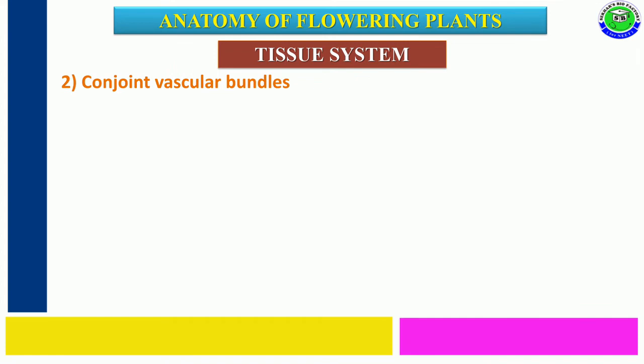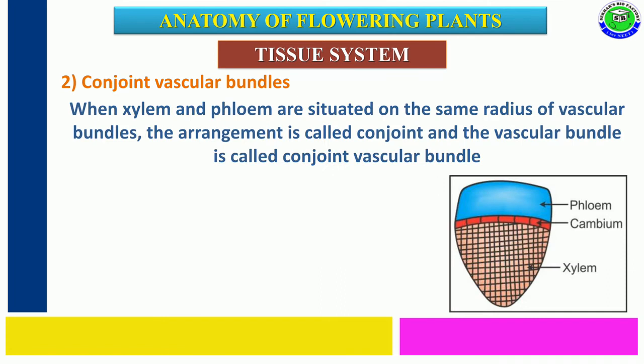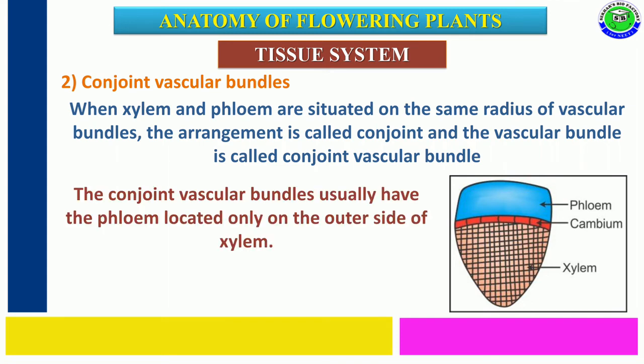The second type of vascular bundle is the conjoint vascular bundle. In this type, xylem and phloem are situated on the same radius of the vascular bundle, and such arrangement is called conjoint, and these vascular bundles are called conjoint vascular bundles.